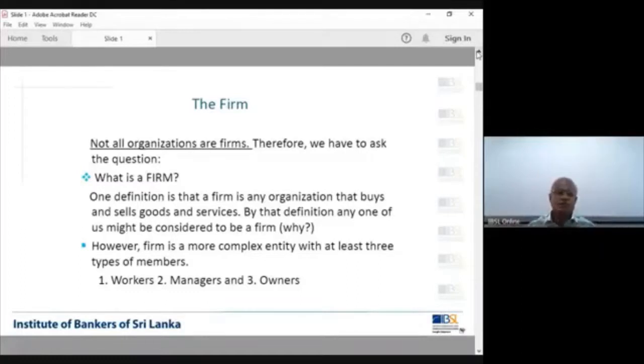What is a firm? A firm is a more complex entity with at least three types of members: workers, managers, and owners. But in the case of the self-employed, the owner, manager and worker will be the same, right? You run your own business. Husband and wife run the business, small boutiques, right?